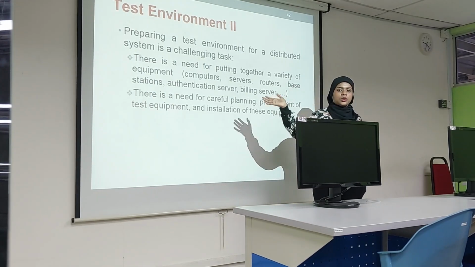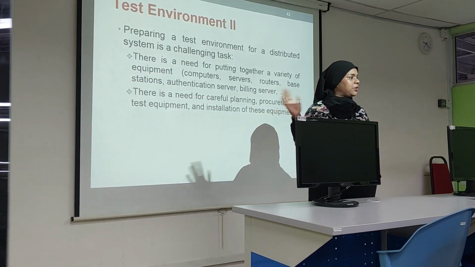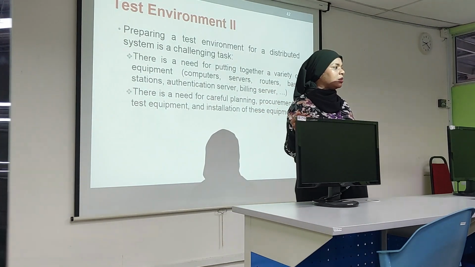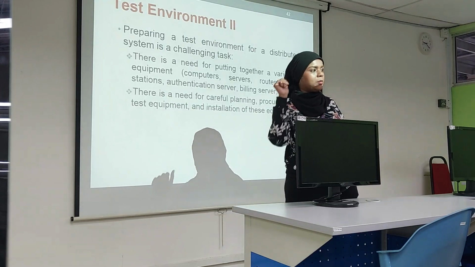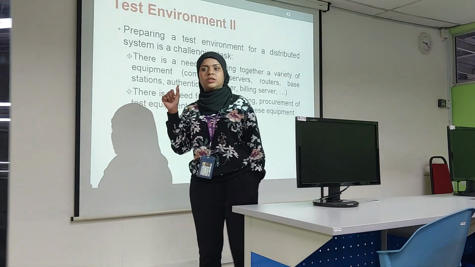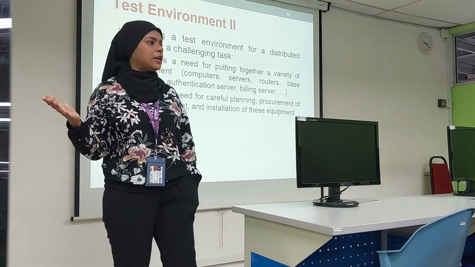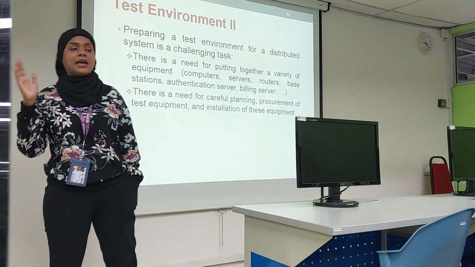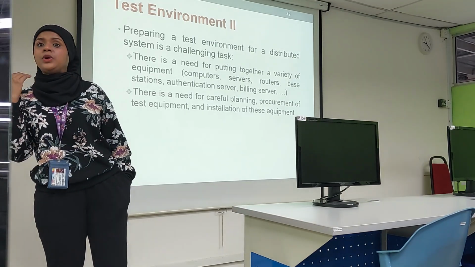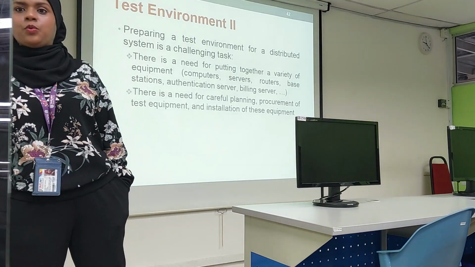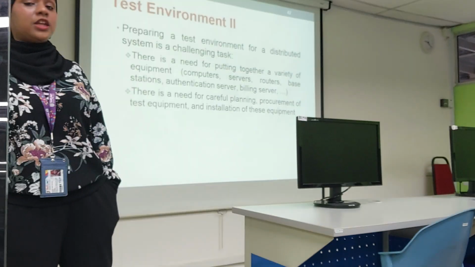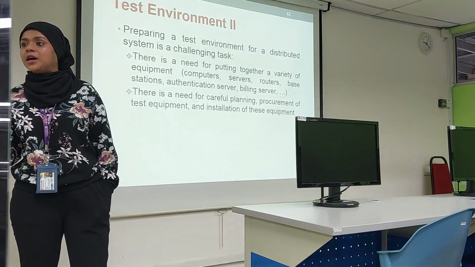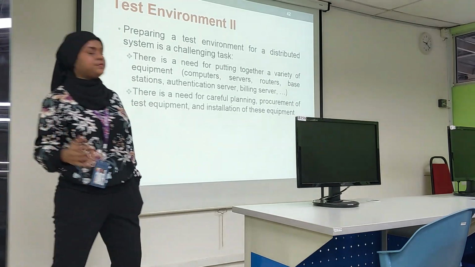We cannot just say we are done with the test environment without testing whether the environment is installed accordingly and working accordingly. Remember, one of the test entry criteria is the testing environment. We have to make sure the testing environment has been set up. So when we do the setup, we don't just say we are done, but we also review whether the test environment has been set up accordingly or not. Okay?